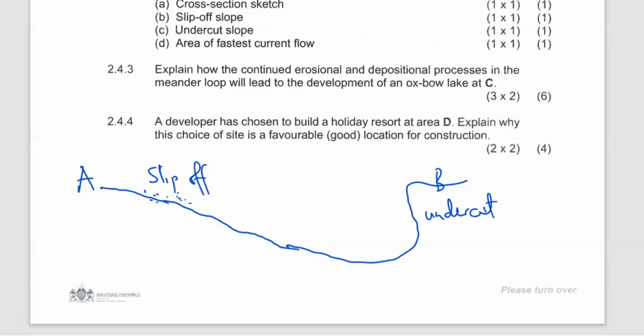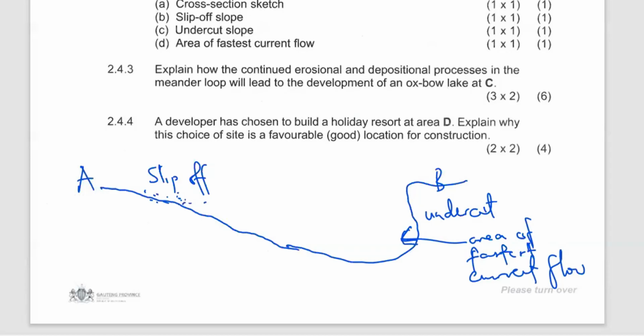And areas of fastest current flow, this is the area of fastest current flow. The flow is faster around this area, while it is slower on this area.